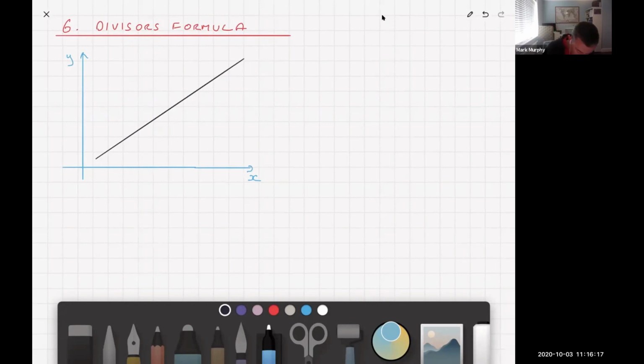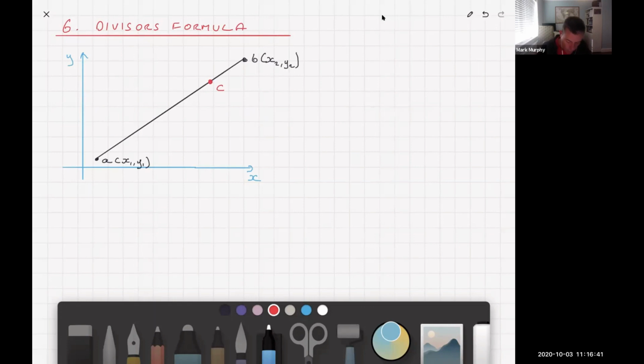So let's draw a line. We'll call this point A, and we'll call it x1, y1. And let's say that the coordinate at the end of the line is B, and it's x2, y2.